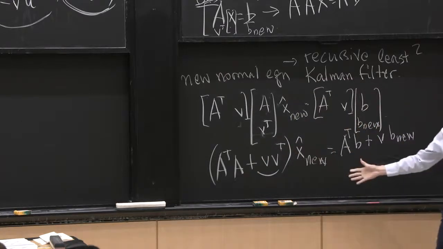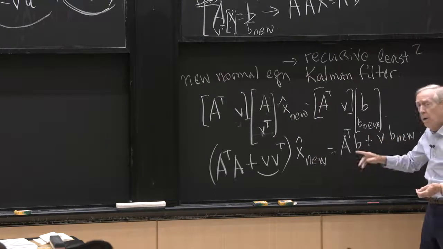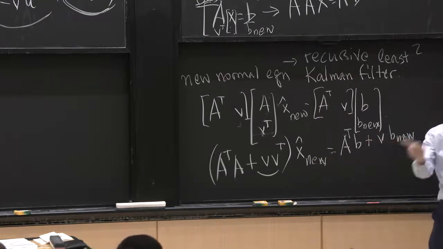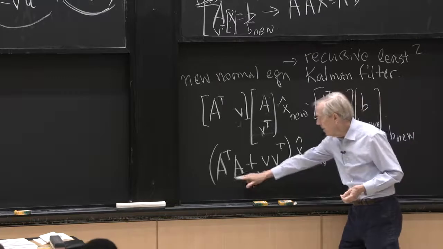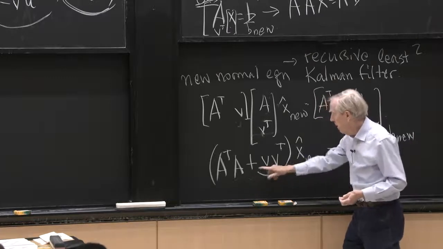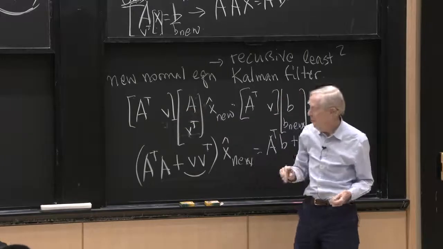Okay. So what are the additional pieces? You've seen the main idea here of getting a simple recursive step that doesn't require recomputing all that you did before. And of course, to this inverse, I'm going to apply the Sherman-Morrison-Woodbury formula.